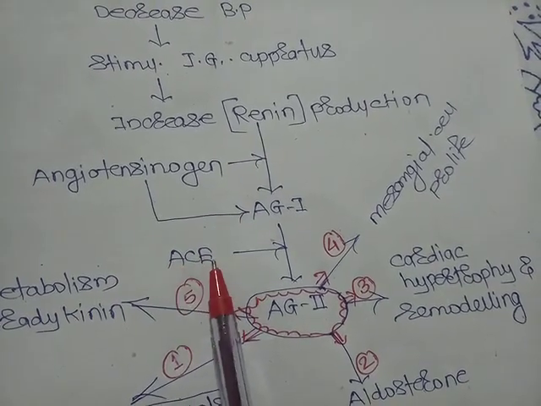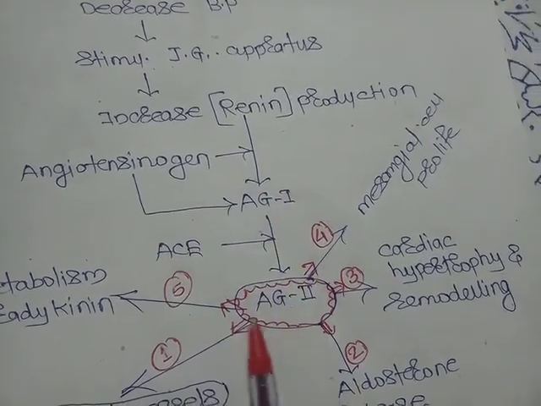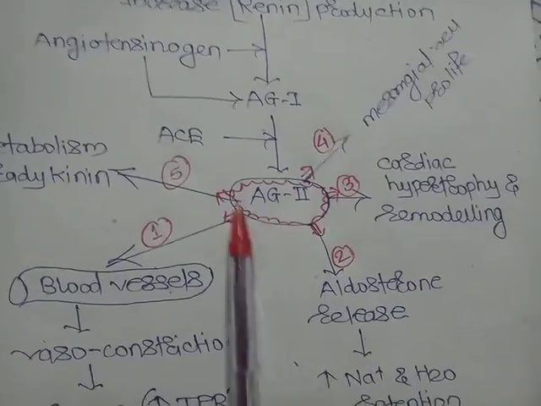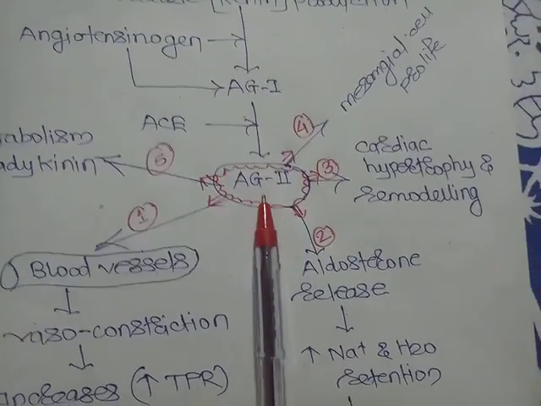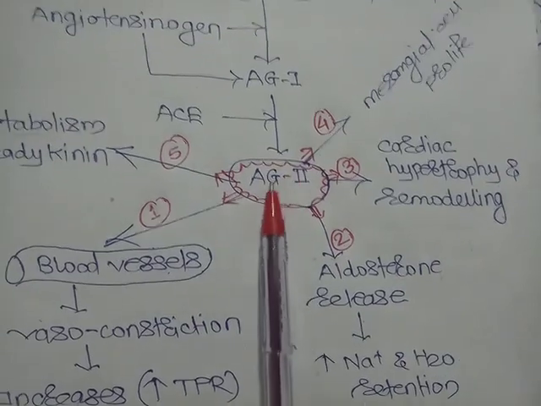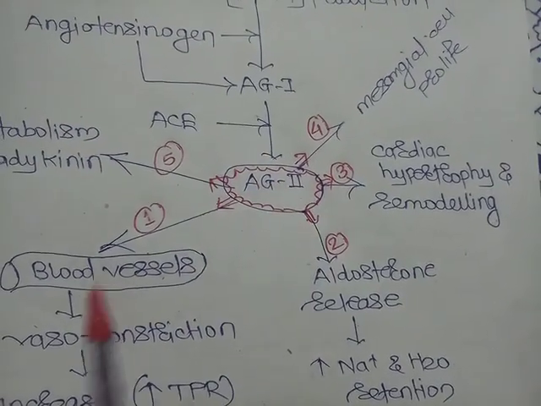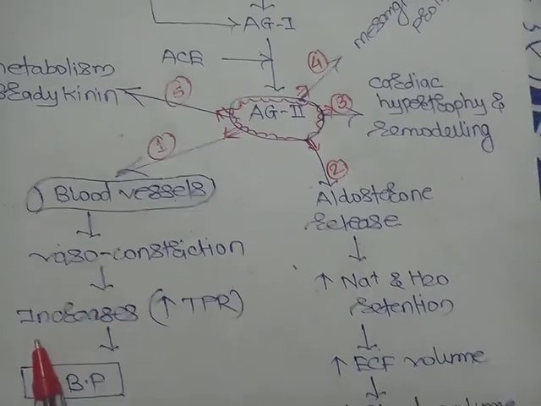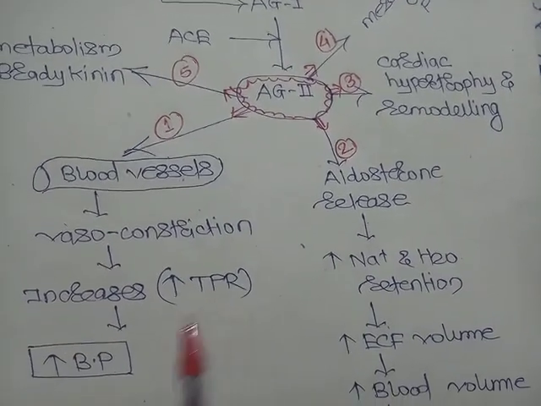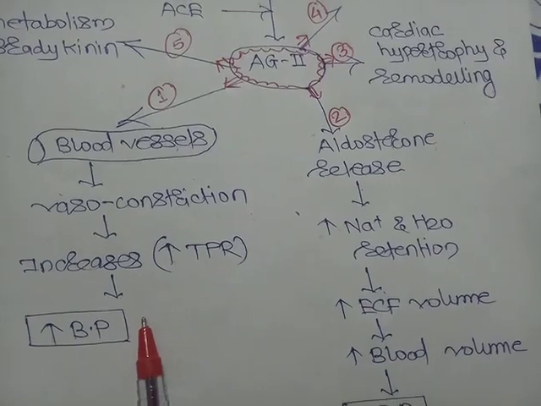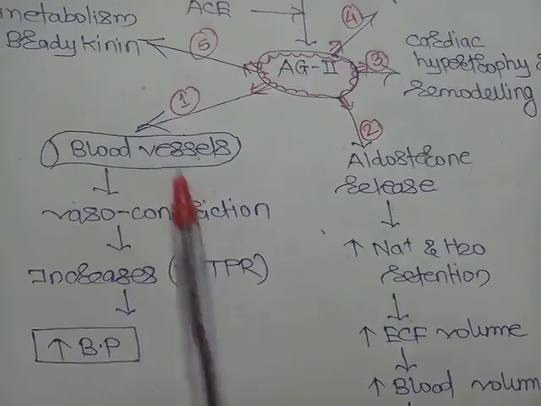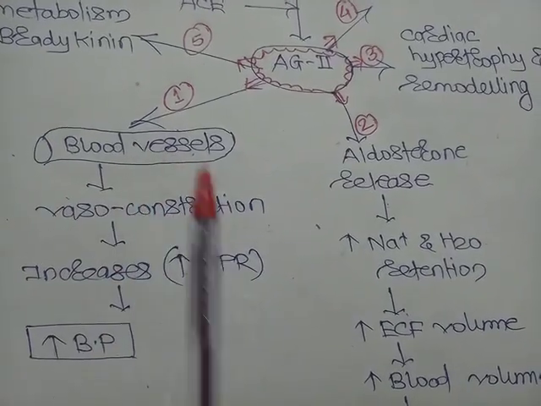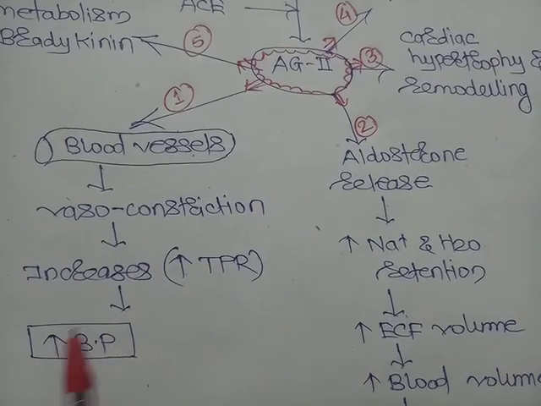This angiotensin 2 is the main mediator for vasoconstriction. It acts on the blood vessel and causes vasoconstriction, so total peripheral resistance increases, and blood pressure increases. So it is the main mediator for vasoconstriction and for the increase in blood pressure.